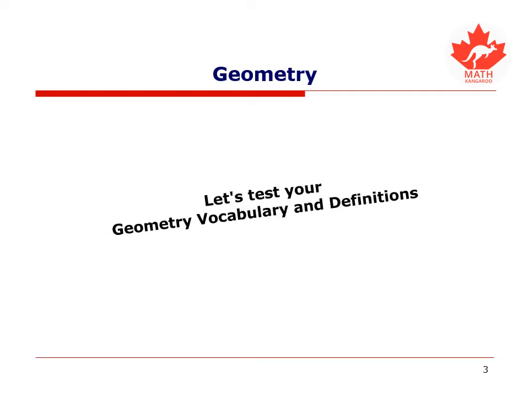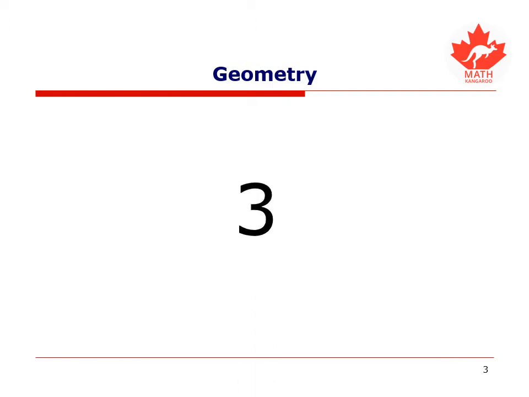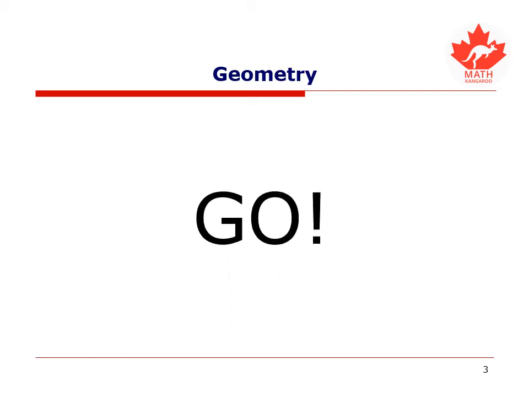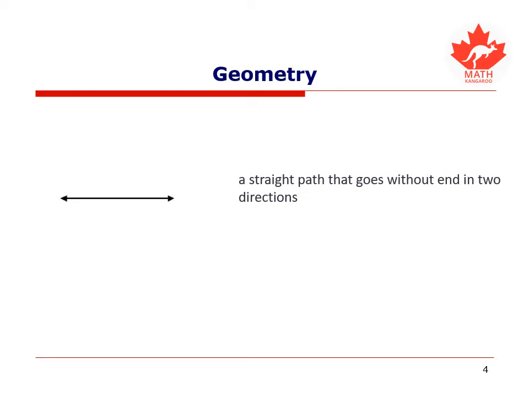The key to doing well on a geometric problem is understanding the vocabulary. So let's test your vocabulary with the following flashcards. On the count of 3, 2, 1, let's go. A straight path that goes without end in two directions.